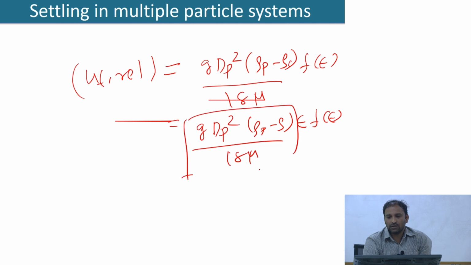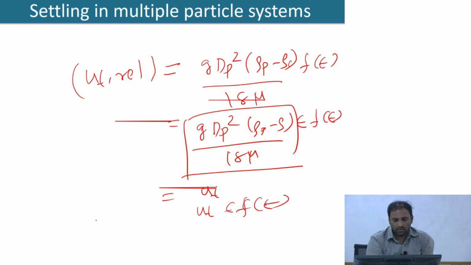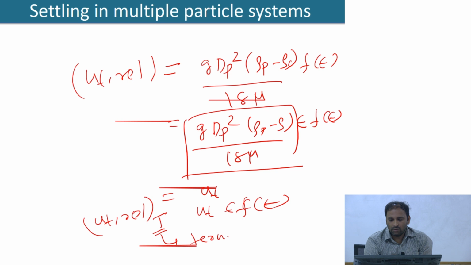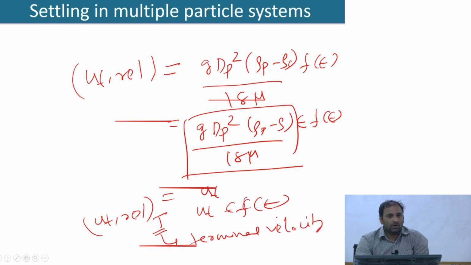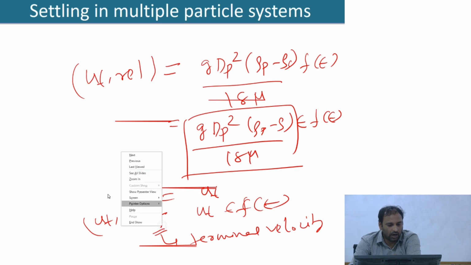That is your single particle settling velocity, that is your ut, into epsilon times f of epsilon. I am going to put T here because that is again terminal velocity.